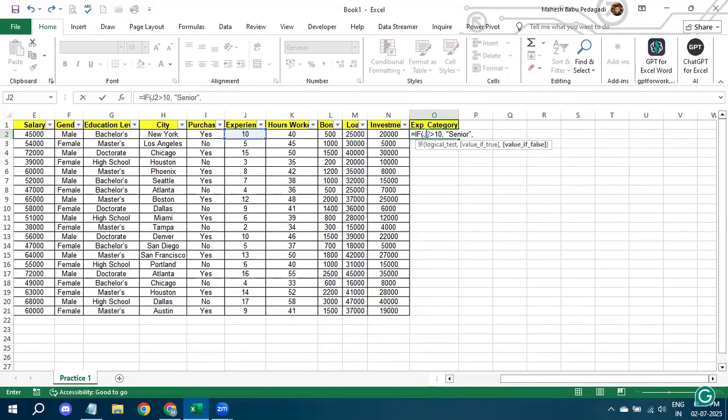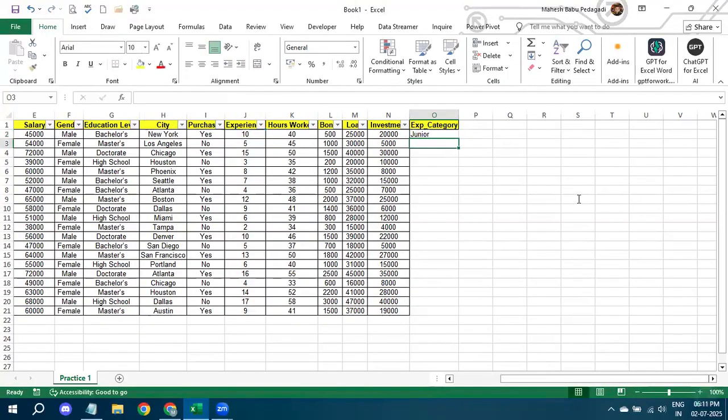For example, if there is a value 8, is 8 greater than 10? Anil, is 8 greater than 10? Junior, sir. Junior. Okay, string data we need to mention in the quotes.